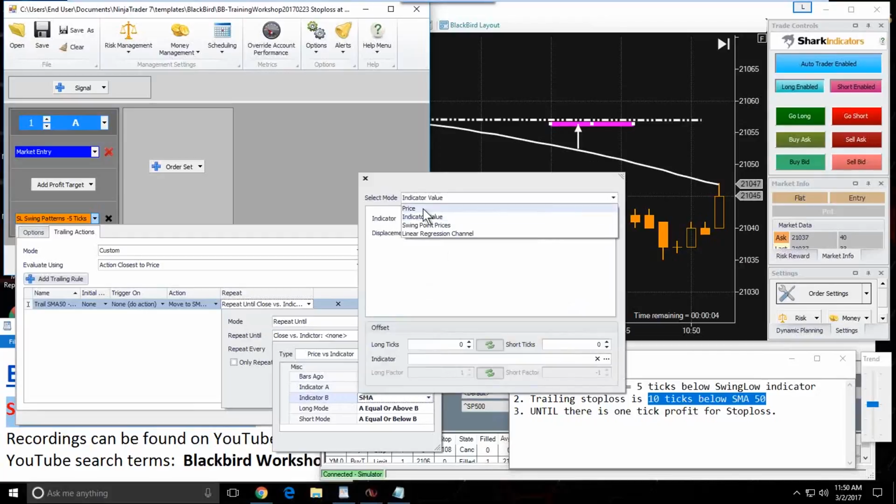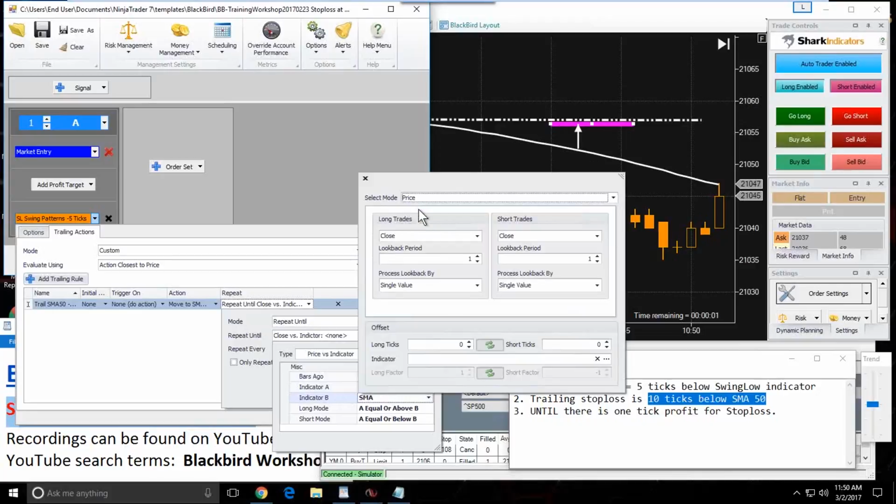So input B we're setting to price, and it's going to be our entry price plus a tick, because we want to keep trailing until we get 1 tick of profit. So we use a 1 tick offset from the entry price. This entry price plus 1 tick means 1 tick of profit there.